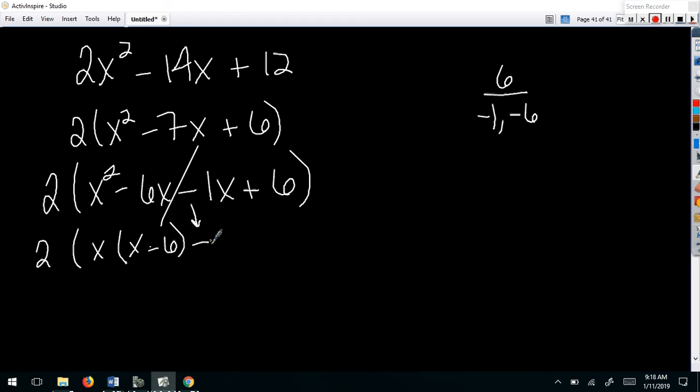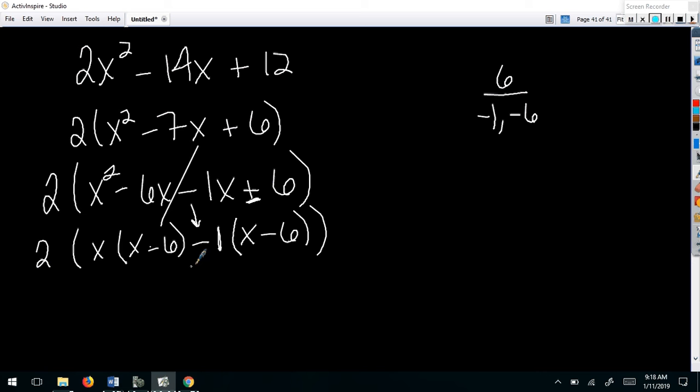Now, understand, because there's a minus in front of the 1, essentially what I'm factoring out is -1. So when I distribute, I've got to make sure that this would come back to be a positive.